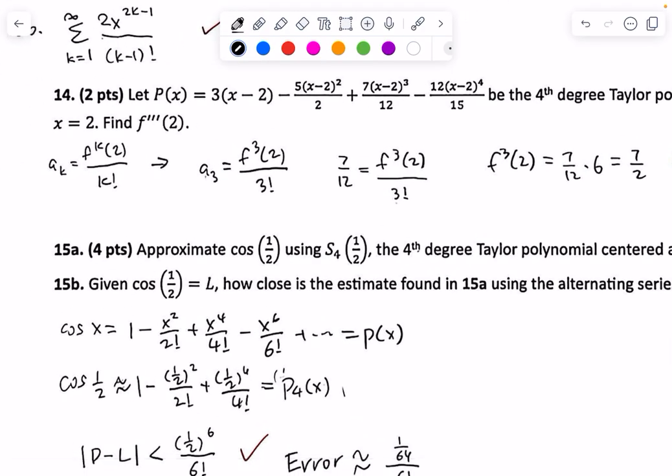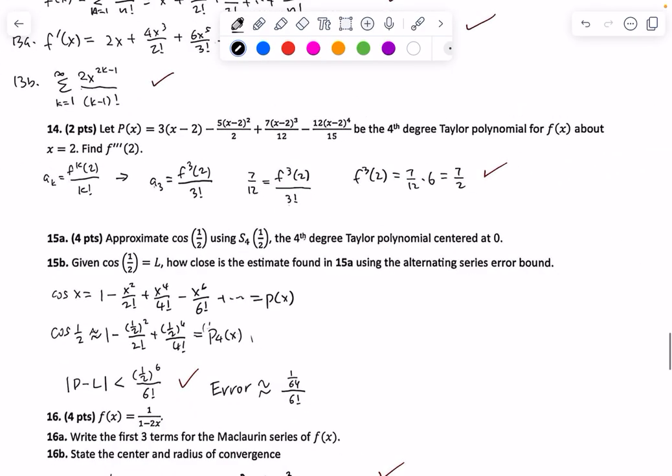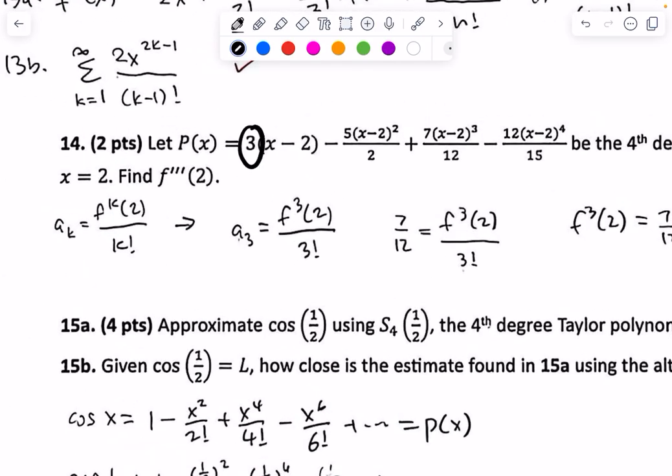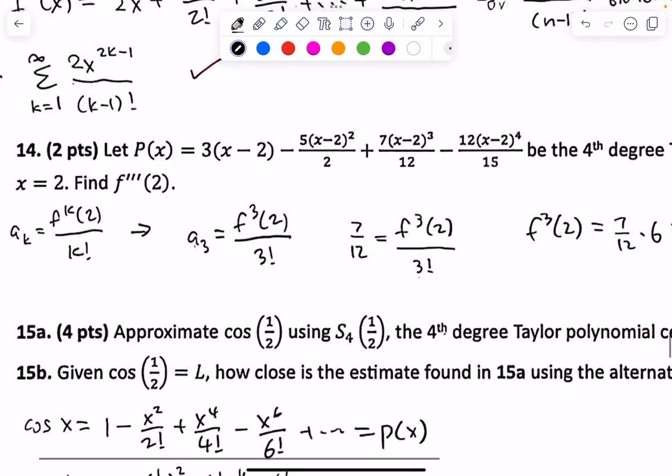or let's start by taking the first derivative. If we take the first derivative, the only term that really matters is the 3 over here. Let's say u equals x minus 2. We have 3u over here, and then the only thing that's going to matter is 3. If we take the second derivative, we have something like 5u squared over 2, and once we take the derivative 2 times, first we get 5u and then 5.